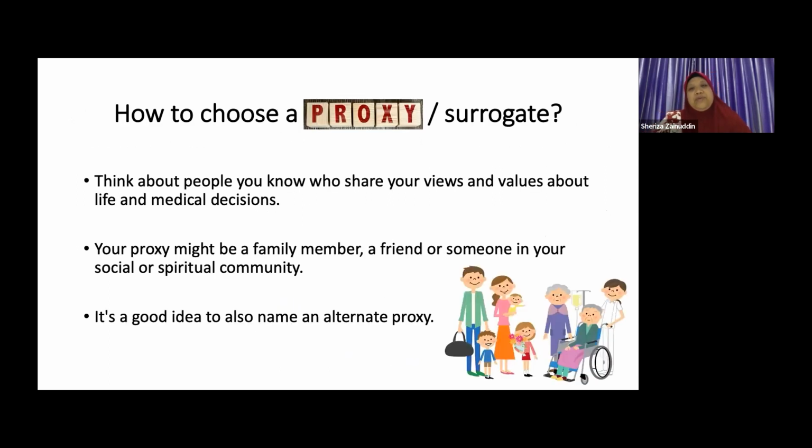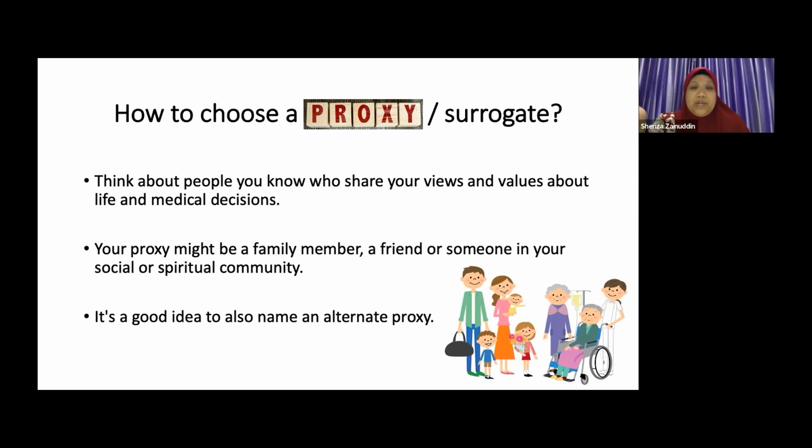So here I would like to discuss how to choose a proxy or surrogate. Firstly, we encourage the patient to think about the people who share their views and values about life and even medical decisions.